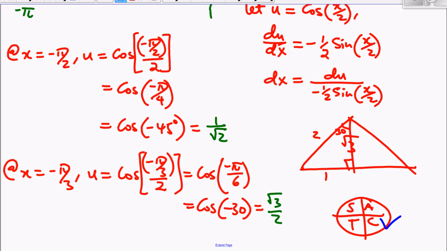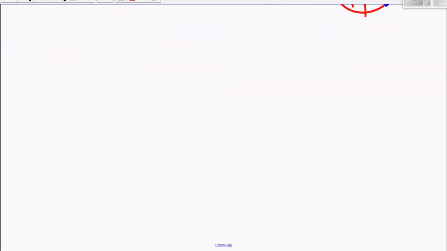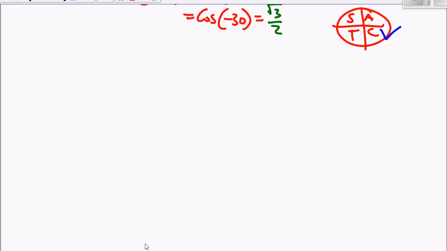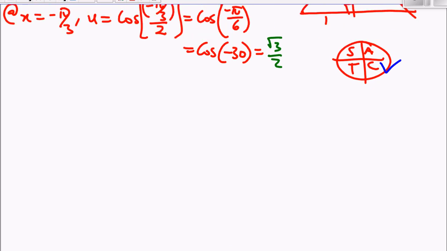So putting these results together, we shall end up with the integral. Remember I had negative 4 integral. My new limits are from 1 over root 2 to root 3 over 2.